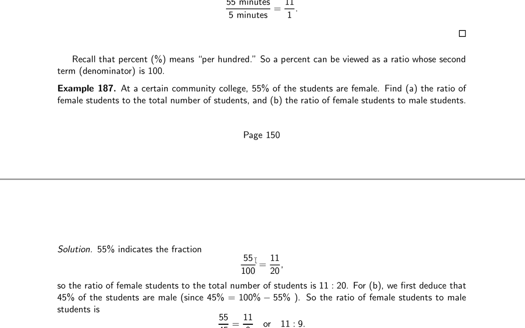So out of every 100 students, 55 are female. We can reduce that, cancel 5s, so we get 11 to 20. So the ratio of female students to total students is 11 to 20.